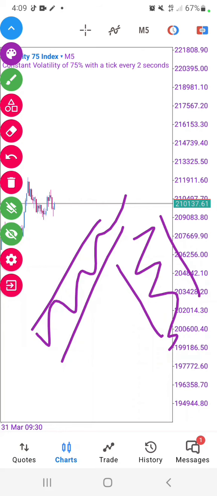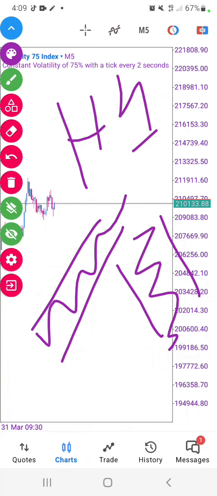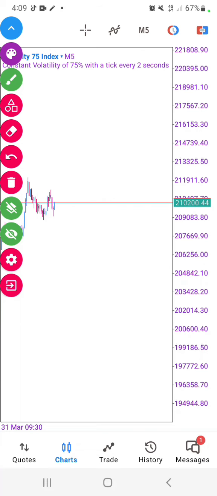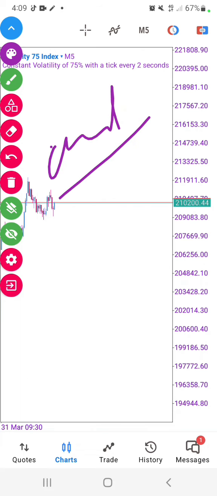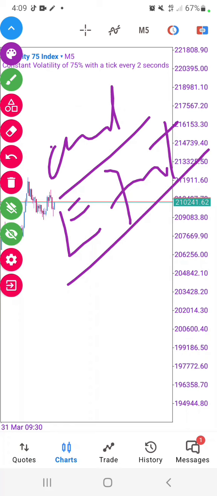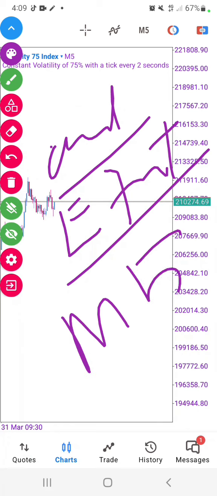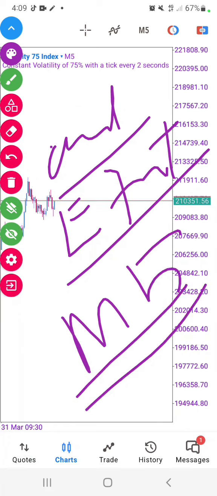After identifying that on H1, we come to the entry time frame, and our entry time frame is going to be M5.